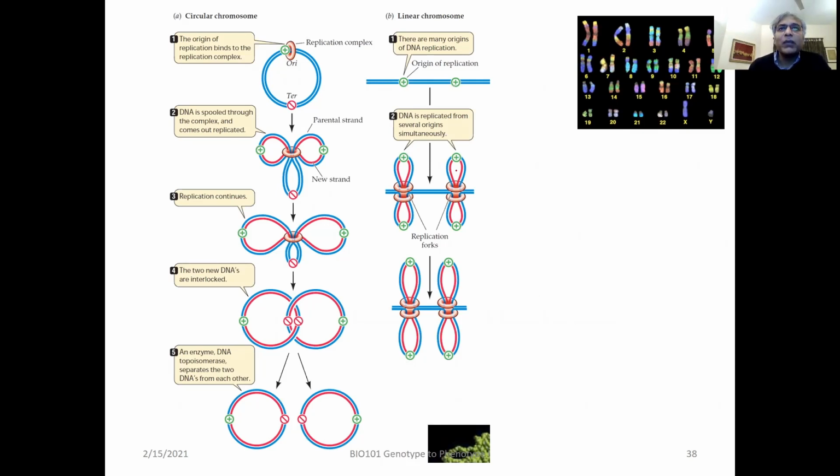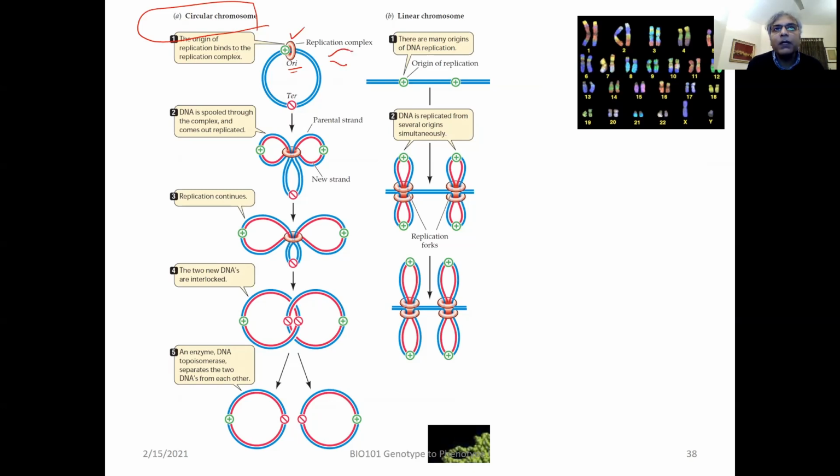Imagine, in eukaryotes for example, the DNA is chromatinized, it's in nucleosomes, with the DNA replication machinery, and then DNA is supercoiled. For example, this is the circular chromosome of bacteria. It starts from here, the origin of replication, which is the point where the double-stranded DNA will be zipped apart.